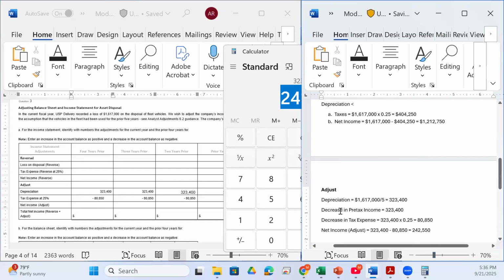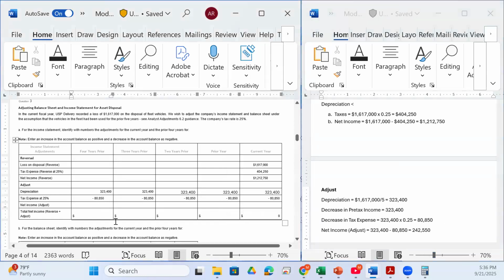So now remember, we have an increase in depreciation, right? Which is an expense. And that will be offset. That means decreased by the increase in tax expense. So actually our net income will decrease by this amount.